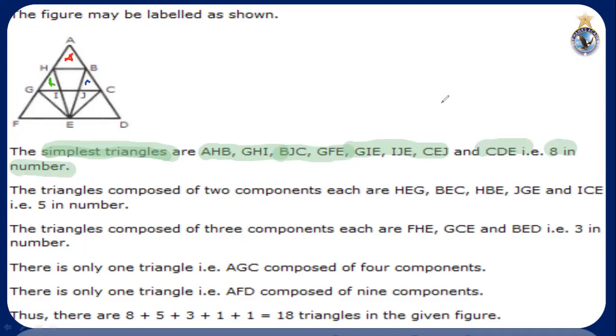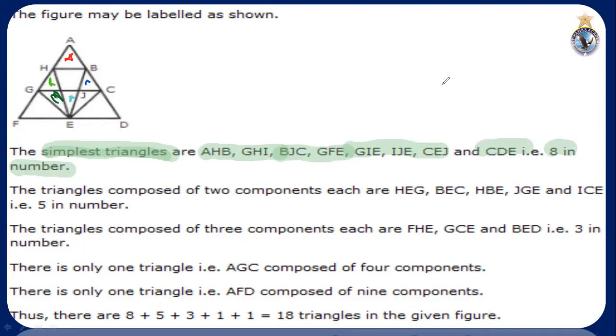Then with another color, count that. The next one is GIE. You can see GIE, this one. And then IJE, in the middle.